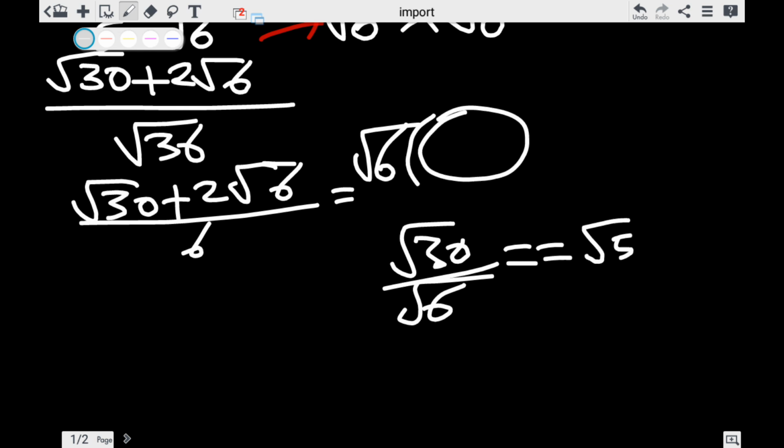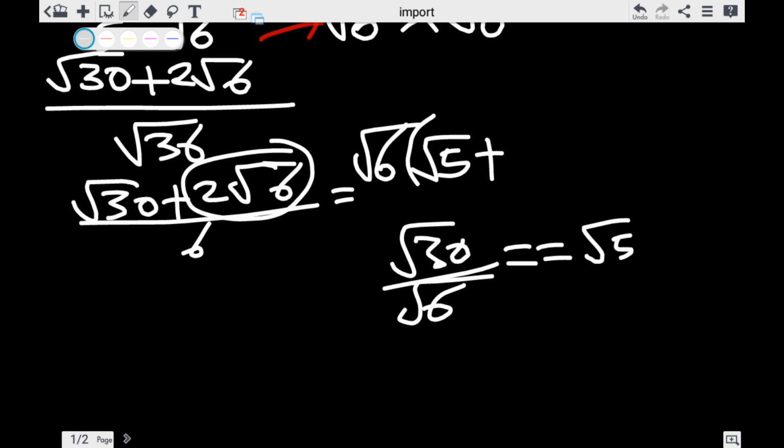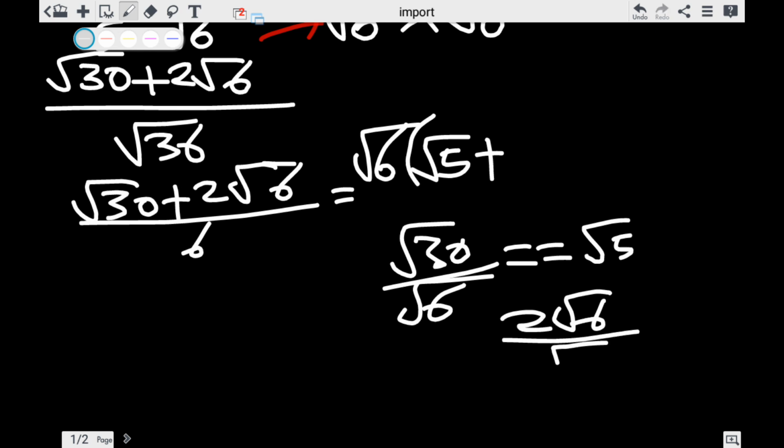So on the first portion of the bracket, put root 5 there, plus this plus sign. Then on the second portion, you want to put in the quotient of 2 root 6 and root 6. So set 2 root 6 and root 6 as a fraction. See that root 6 and root 6 cancel each other, leaving behind 2. So write this in the second portion of the bracket.